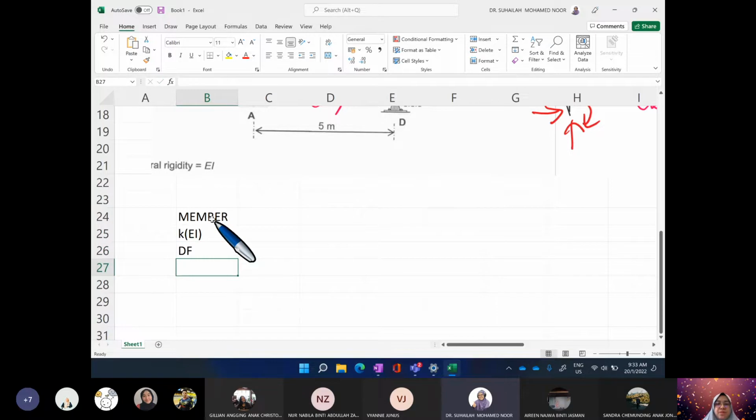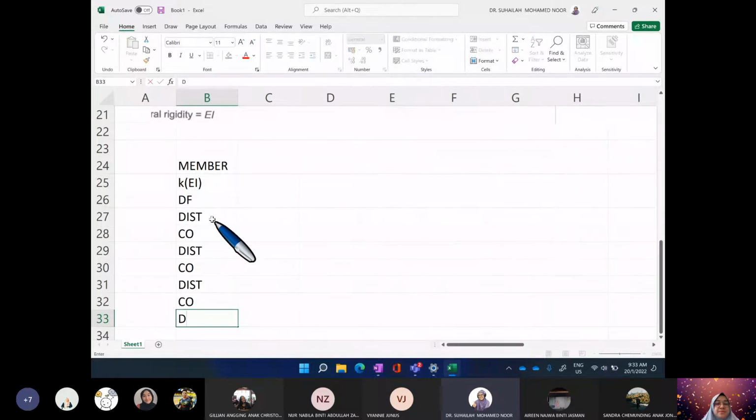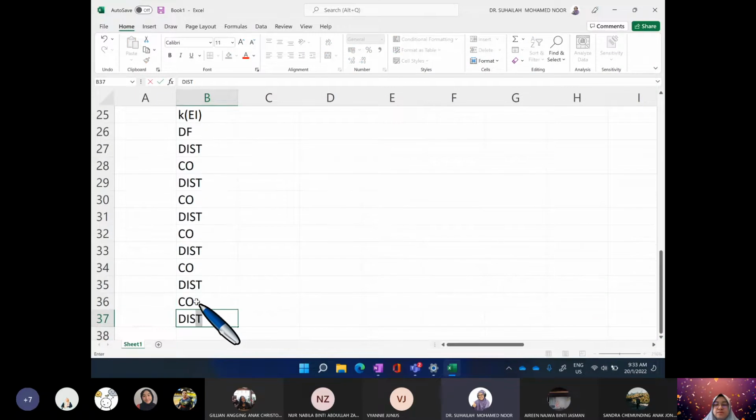After that we start with the first distribution, and the next step is carry over. We repeat the process, basically 5 or 6 times cycle of carry over and distribution.